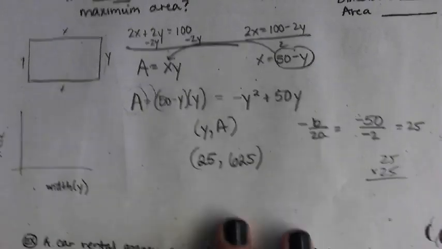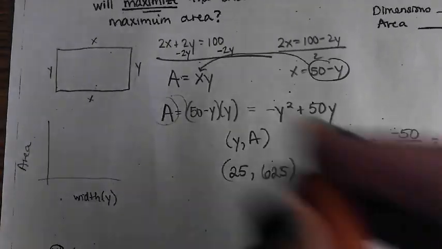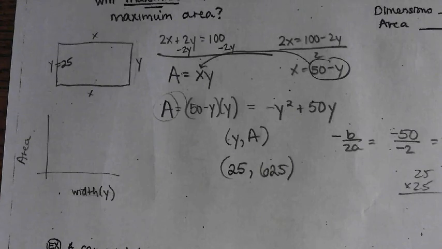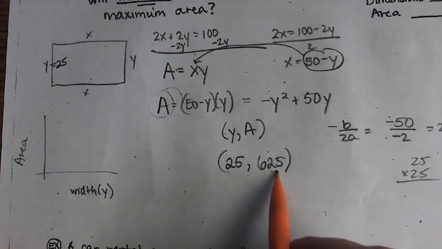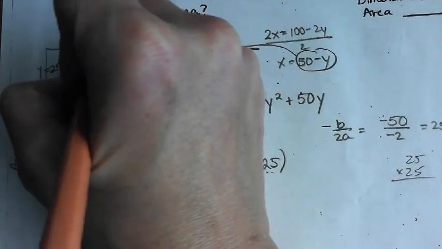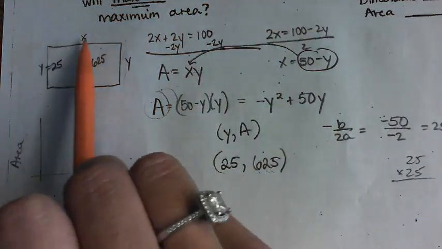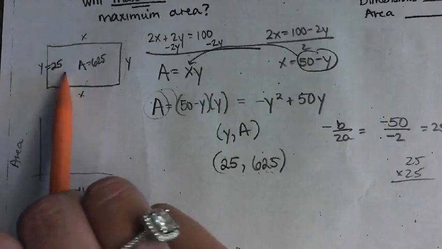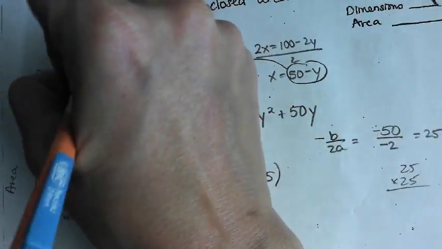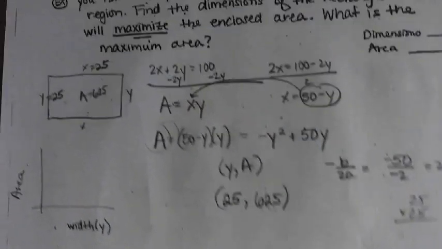So, if I go back to my image, this being 25, and my area being 625, tells me that my length, 25 times what would give me 625, my length actually would also be 25.